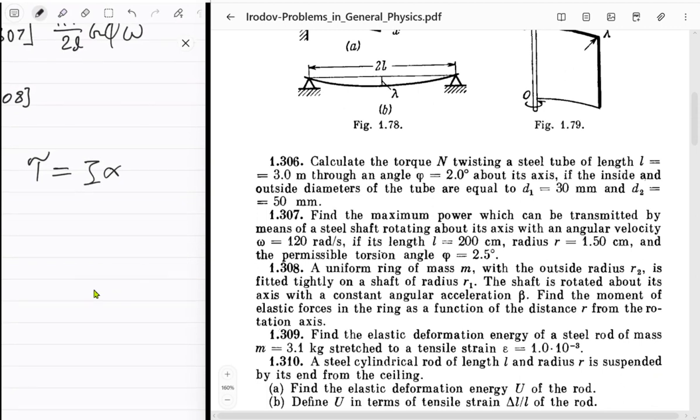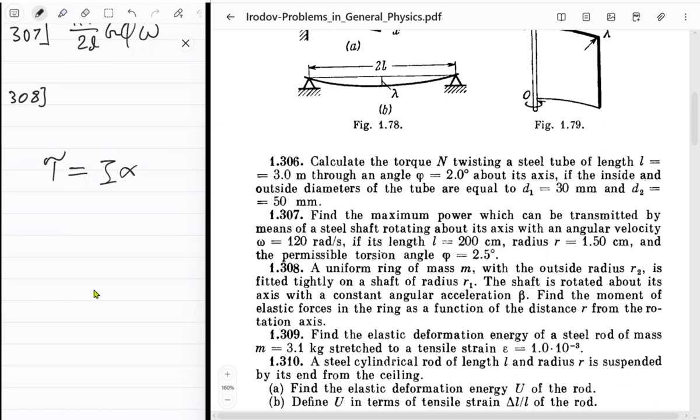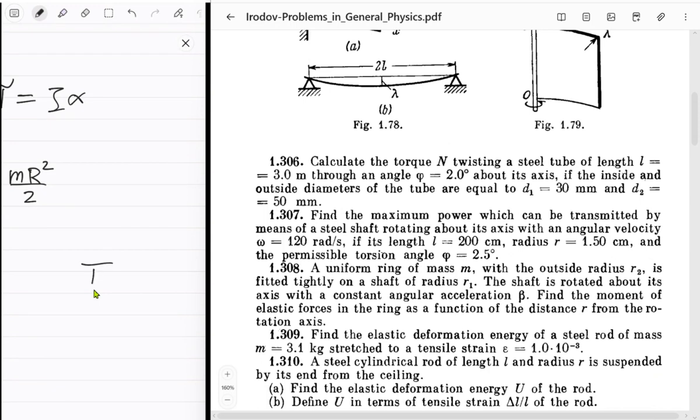It's proportional to what? We know it's just mr squared upon 2 for a complete solid cylinder. Now for a cylinder minus a smaller cylinder, how would it be? The volume of the cylinder is proportional to r squared, so you're going to have that r squared in the denominator. And then for dimensional analysis, it's going to be r power 4, but with the difference of these.